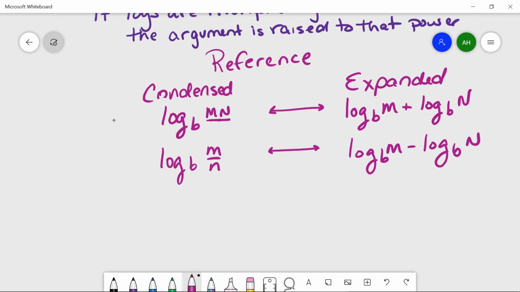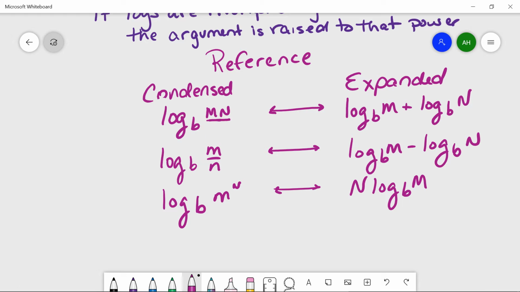Okay, and then log base b of m to the n is equivalent to n times log base b of m. Okay, so you want to be able to move in either direction with those.